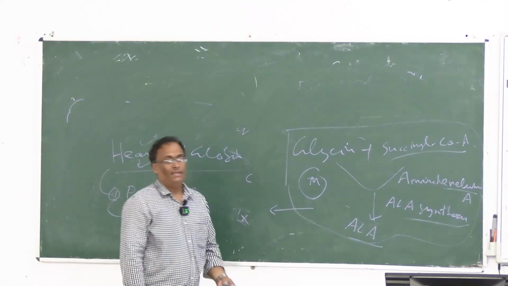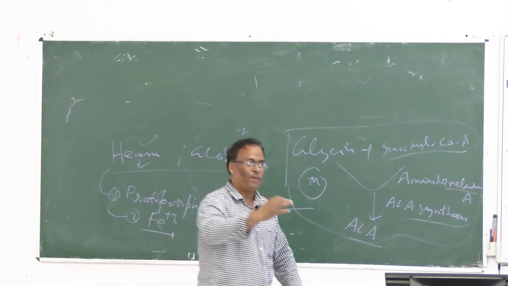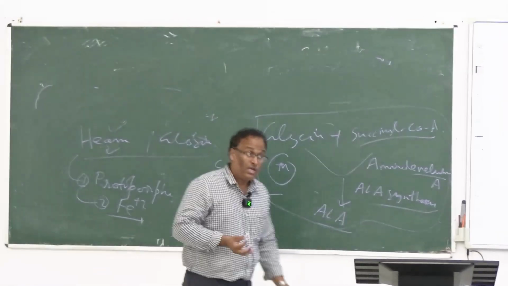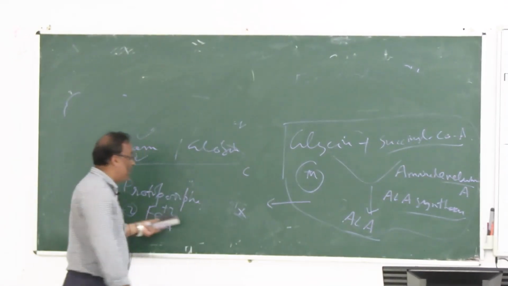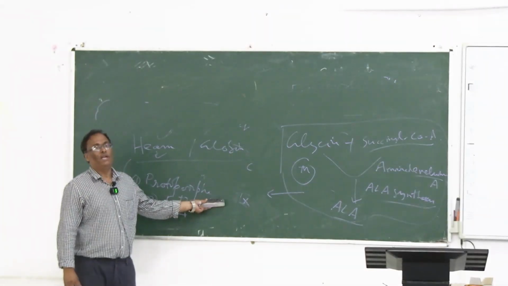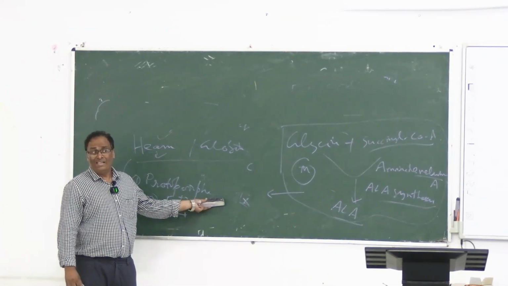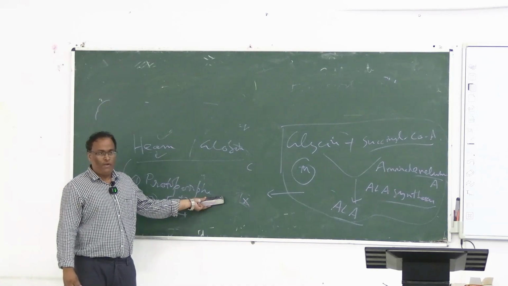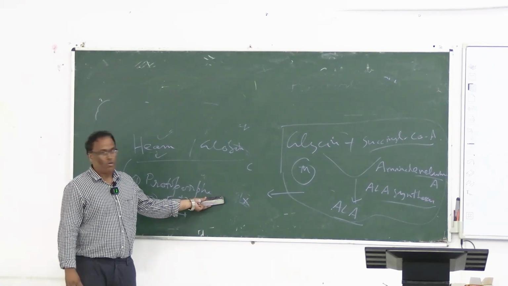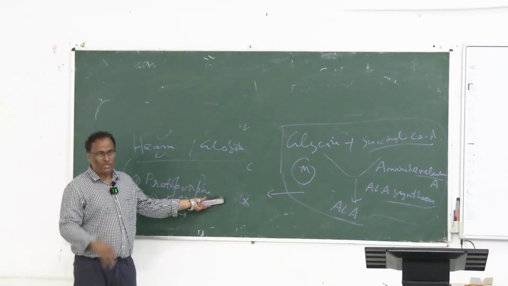It will go out. Then the procedure happens step by step, requiring different enzymes, and ultimately protoporphyrin 9 will be formed. Different steps are there. I can describe the steps, but it will be difficult because biochemistry classes are not going that fast.